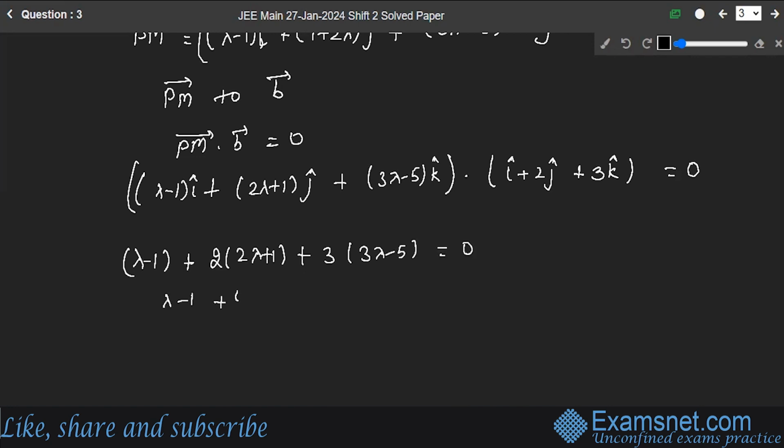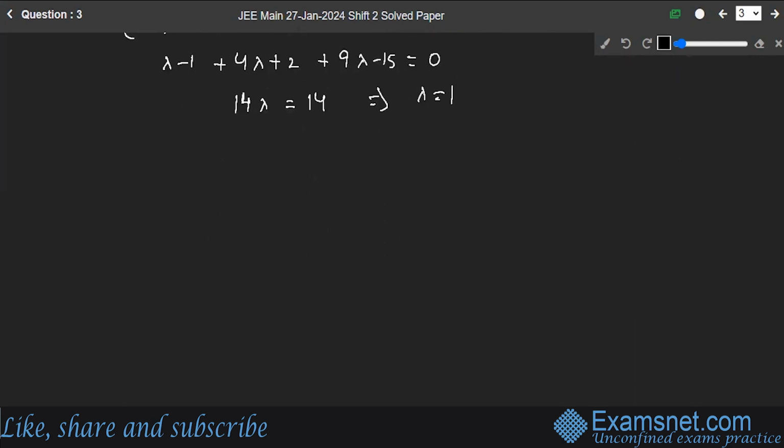Lambda - 1 + 4 lambda + 2 + 9 lambda - 15 = 0. You have 14 lambda = 14, so lambda is 1. Therefore M will have the coordinates (1, 3, 5). See, M has lambda, 1 + 2 lambda, 2 + 3 lambda. So these are the coordinates of the point M.